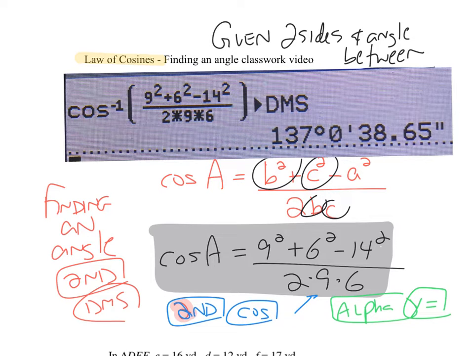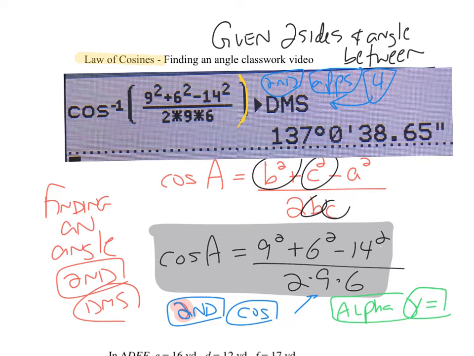So after you enter in that entire expression, close your parentheses, and then go to second and then apps, and then number 4 for DMS. And here we have 137 degrees, 0 minutes, and 38.65 seconds.